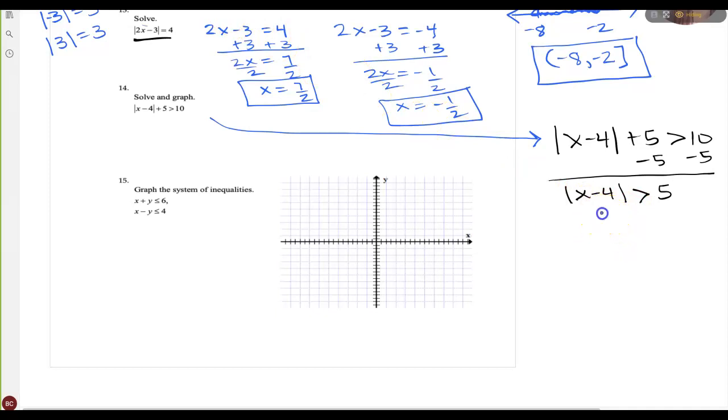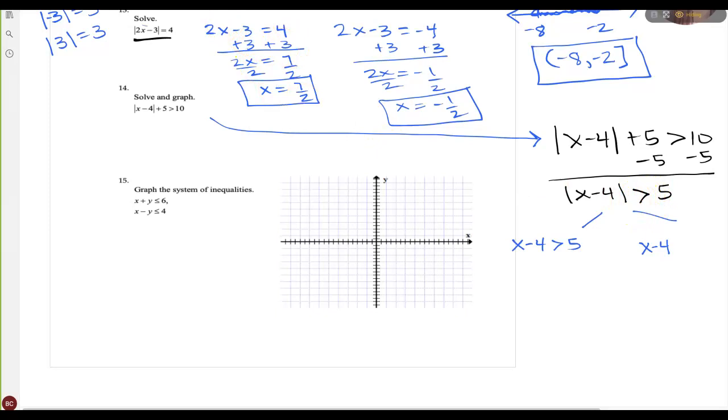I've got that absolute value part by itself, and my first statement is just like it's written here if I remove the absolute value bars. So x minus 4 is greater than 5. And then my other statement, I leave that x minus 4 the same. I have to flip my inequality sign so it's no longer greater than.